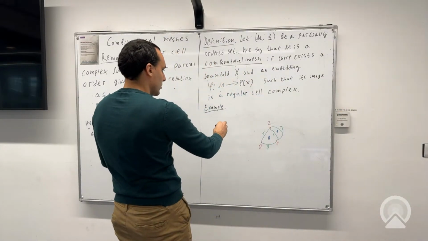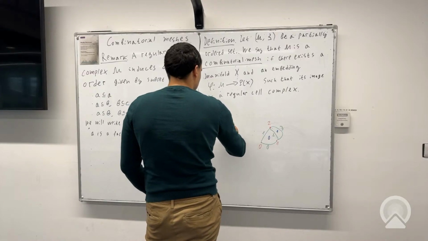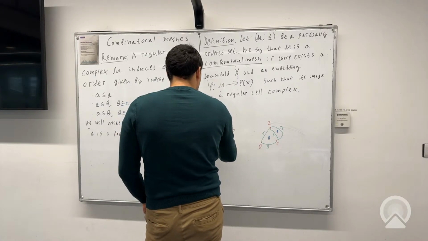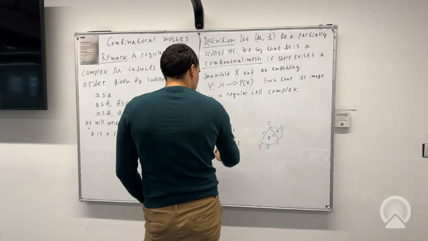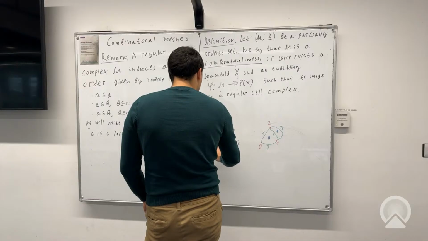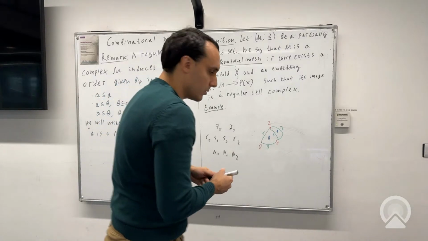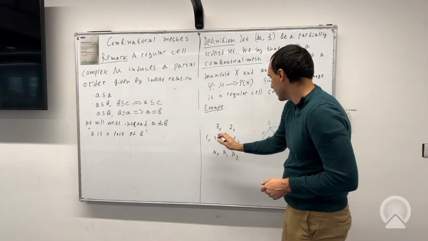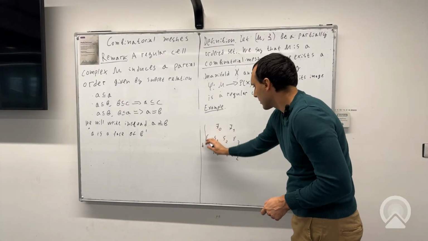So I have this as an order. On the top I have two cells, F0 and F1. Then I have E0, E1, E2, E3, and 0, 1, and 2. And so I have some order. This is my discrete set.